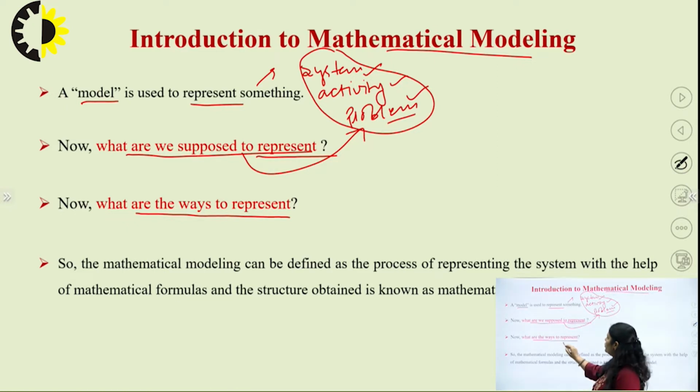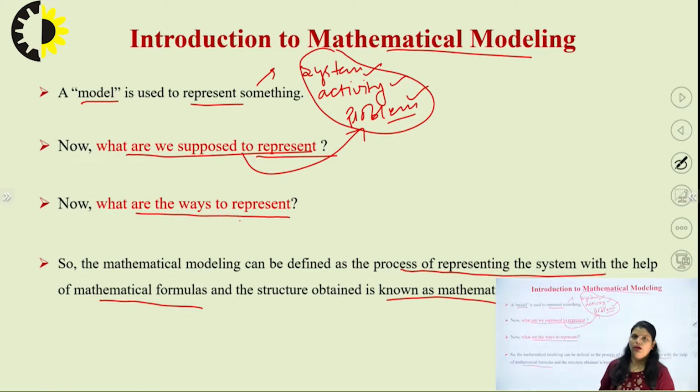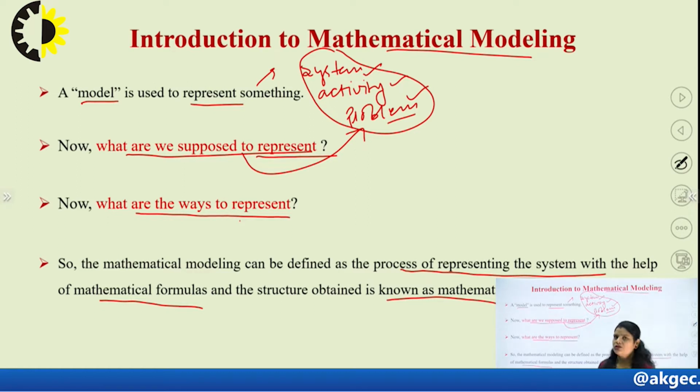So, we can define mathematical modeling as the process of representing the system, its behavior and its activities, with the help of mathematical formulas, and the structure obtained is known as the mathematical model.